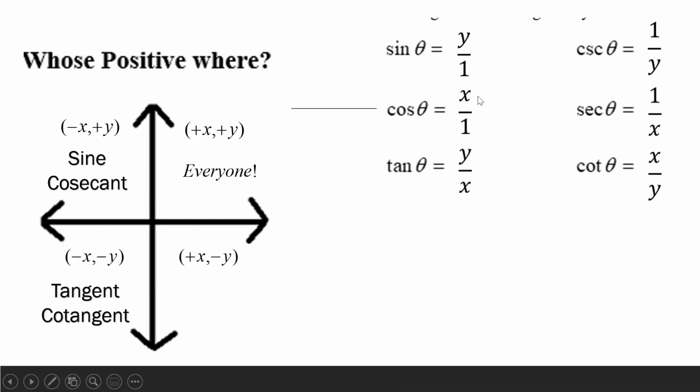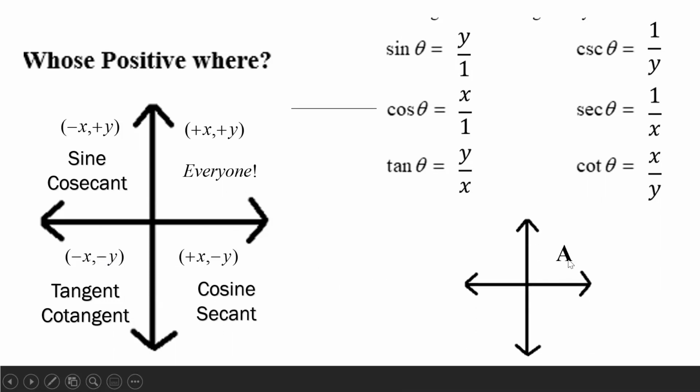Quadrant 4, the x is positive, which means cosine and secant are positive. Usually we do ASTC, which stands for, well, the acronym is all suckers take calculus, but sine, tangent, cosine, and the reciprocals that they belong to are positive in those quadrants. So pause the video and write any of this down.